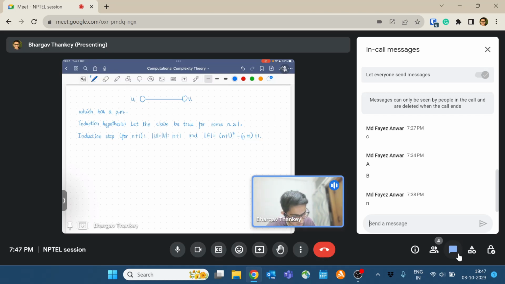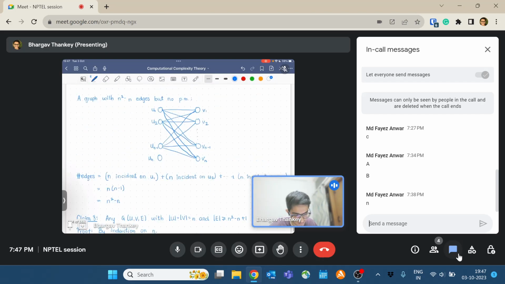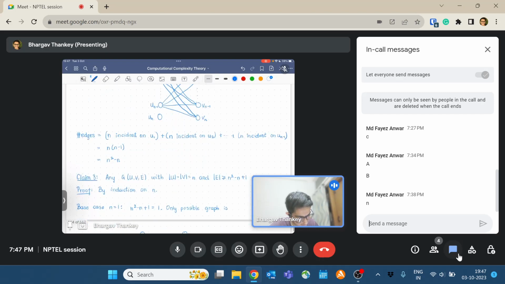Oh sorry, the number of edges is at least this, because the claim has at least.